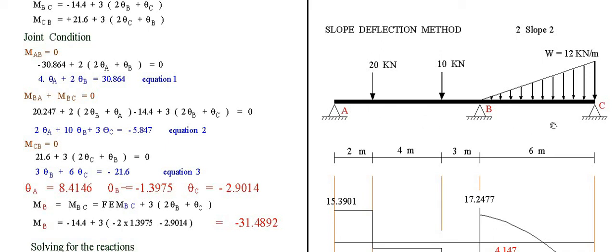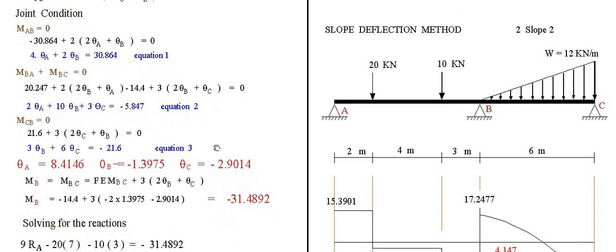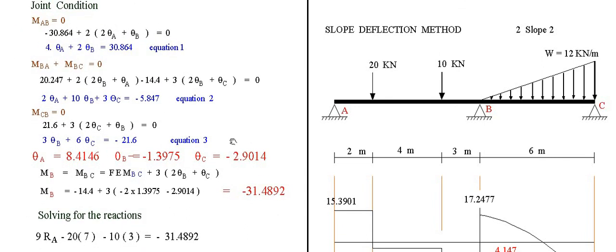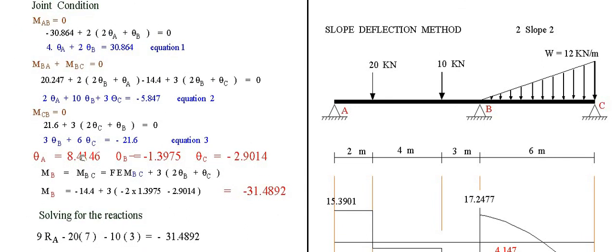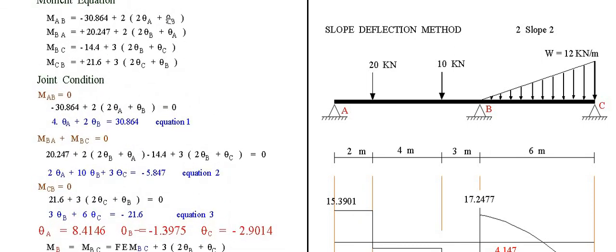Anyway, I will show to you the deflected beam later after we solve the reaction. So what is the use of these three theta? Okay, we go back to the moment here.